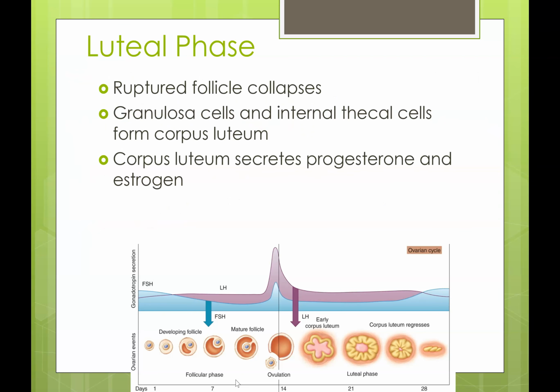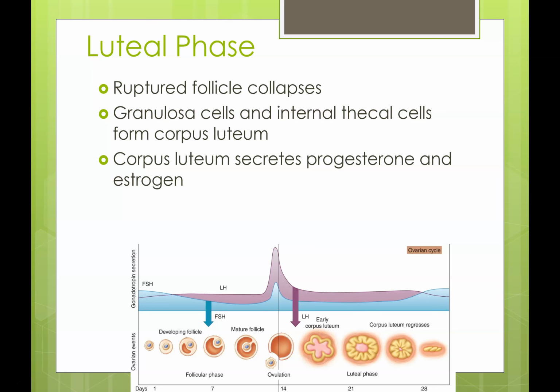And then with our luteal phase, like we said, the granulosa cells and the thecal cells are going to be left over to form the corpus luteum, and that corpus luteum will stick around for 3 months if the egg is fertilized in order to maintain your hormones until the placenta is properly built at the end of the 3rd month.